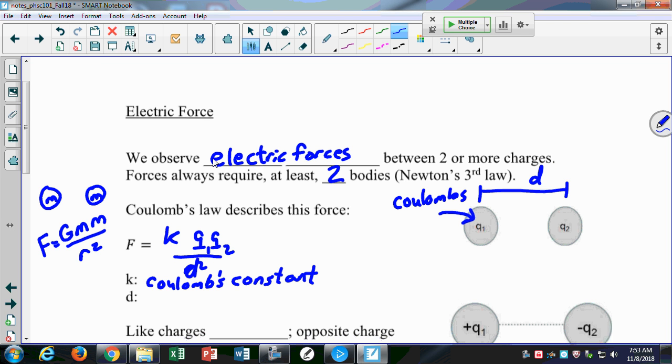The spherical symmetry, right? So the way that forces act over these spherically symmetric volumes causes this type of inverse square relationship to occur. All right, d is the distance between the charges.